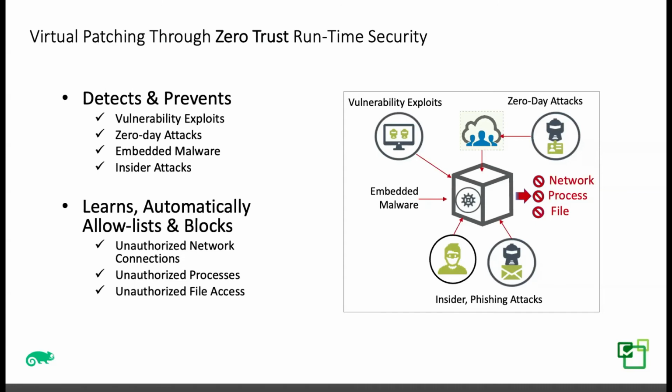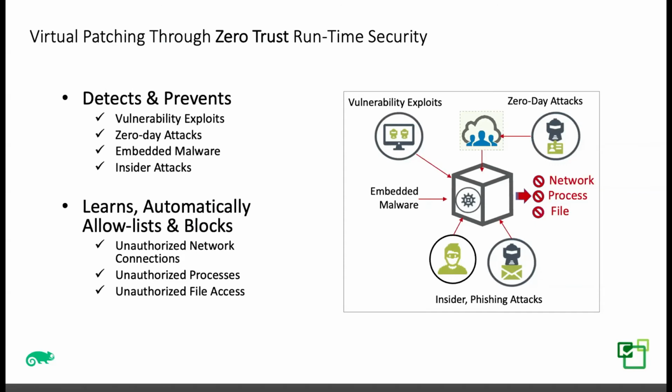If there's embedded malware that somehow is able to get through your pipeline, or there are many cases published in the last couple of years of secret backdoors in container images in popular Docker repositories, hidden backdoors that allow somebody to get in and then maybe get out to a command and control server, any of those types of exploits are going to be able to be detected and even blocked with this zero trust model.